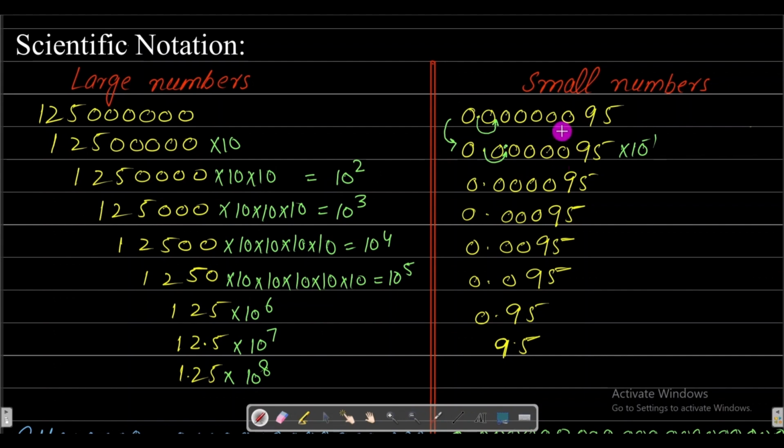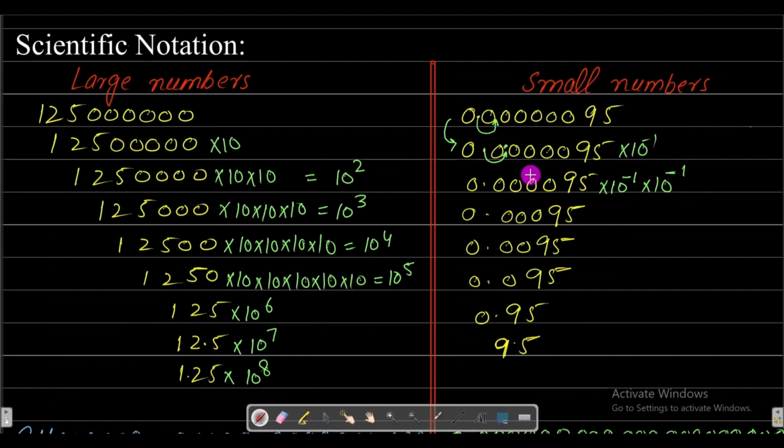And in order to maintain its magnitude, this multiplication is with this, but here we will divide this with another 10 power minus 1 here.